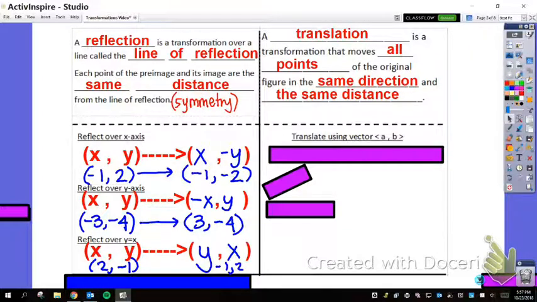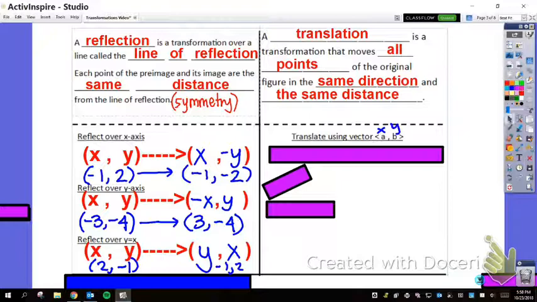So with our example down here, we are translating using a vector, and we're going to refer to our vector as (a, b). Our a coordinate is going to go with x because it comes first, and our b coordinate is going to go with y because it goes second.